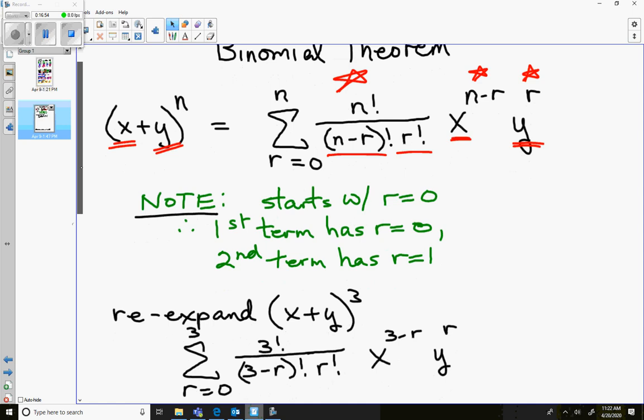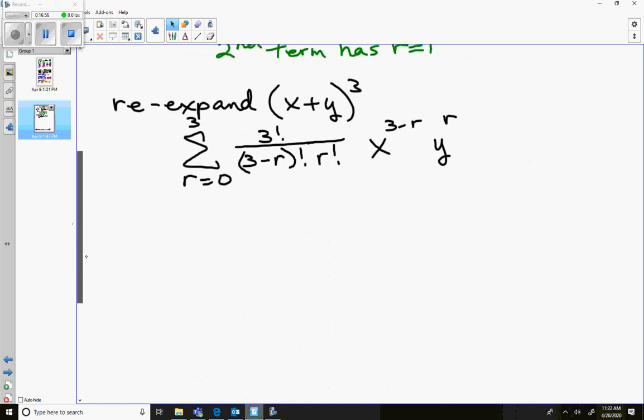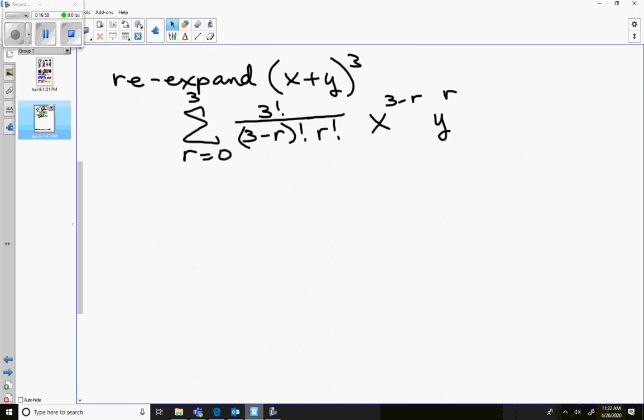All right, now, this is going to be a bit nasty. Bear with me as we look at this. Let's re-expand x plus y cubed using the binomial theorem.